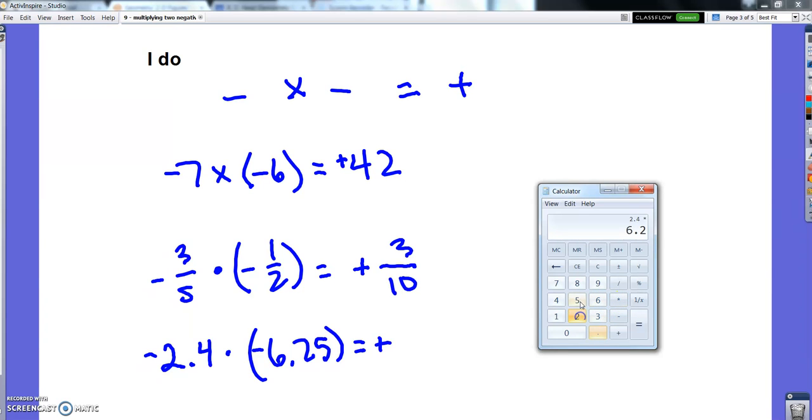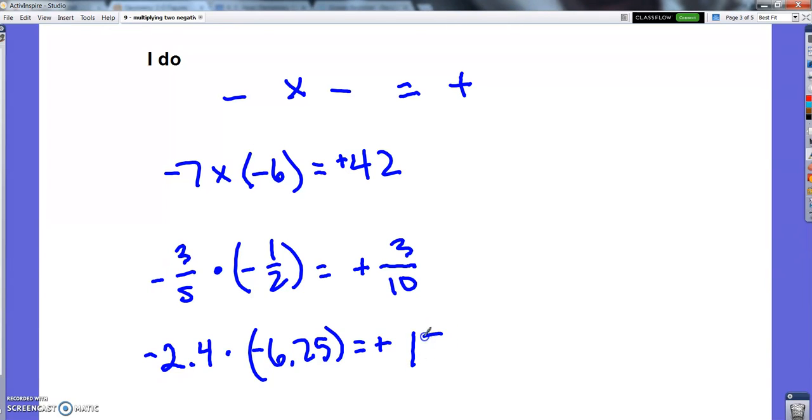Oh, look at that. Positive 15, just is. Division works the same way. Negative 100 divided by negative 5 is negative, divided by negative is positive. I'm just harping on it because most people just memorize this and they don't understand it. So I'm going to start by letting you just know that that's the way it works. Okay?